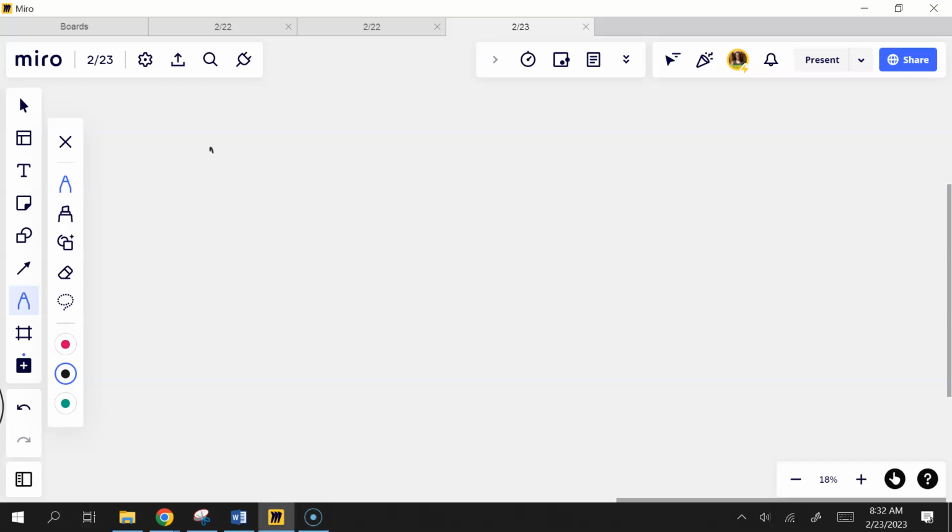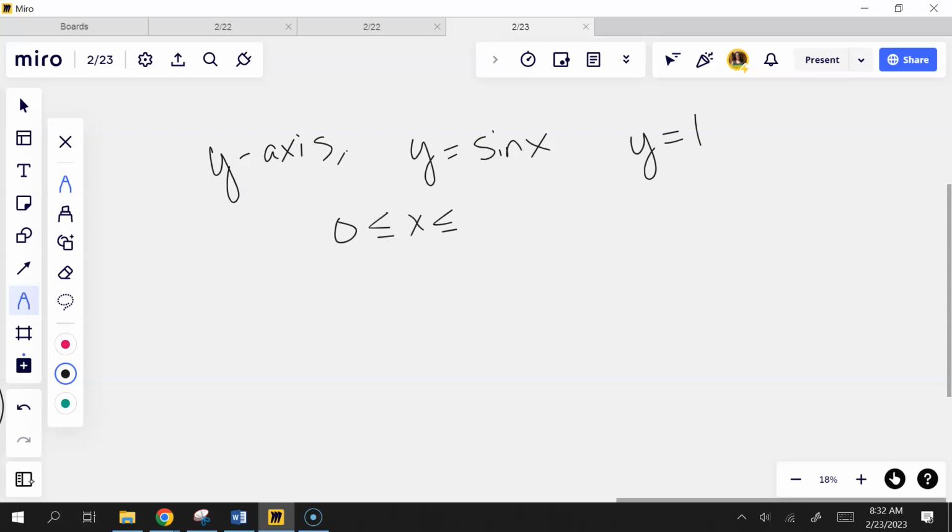Let's say we are bounded by the y-axis, y equals sine x, and y equals 1, between 0 and pi over 2.